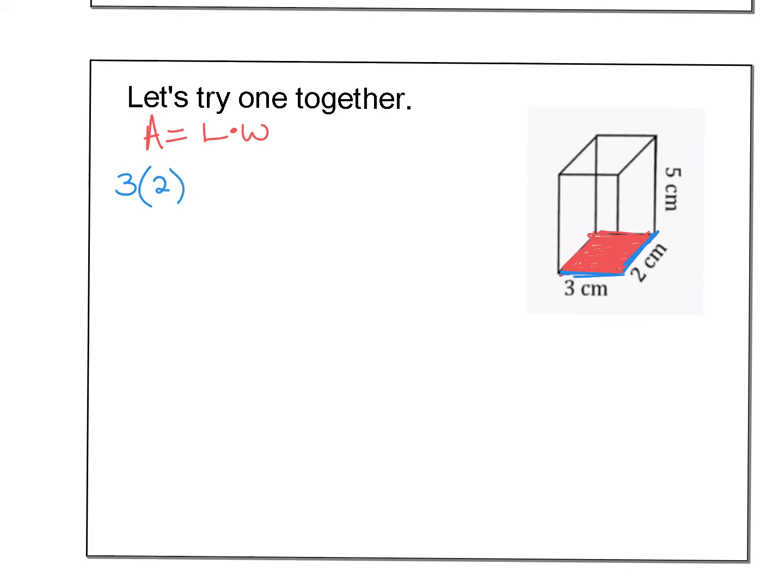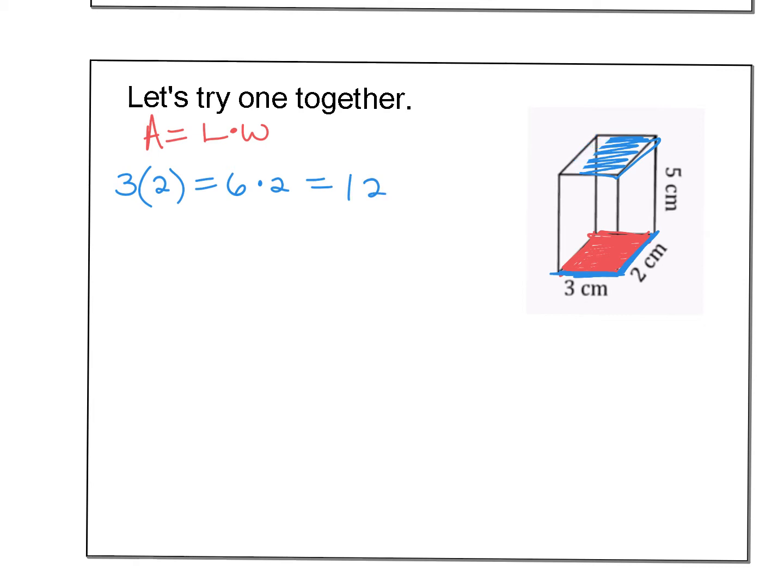If you identified the 2 as the length and the 3 as the width, it doesn't matter, because of the commutative property of multiplication, where it doesn't matter which order we multiply in, we'll still get the same outcome. So 3 times 2 gives me 6, and then I have to multiply it by 2 because I have a top one that is the same as well. This top rectangle is the same as that bottom rectangle. So 6 times 2 is 12. Okay, so that's side 1.